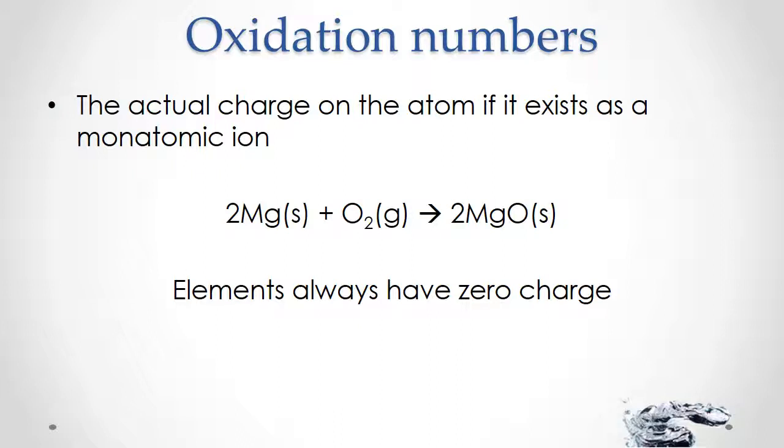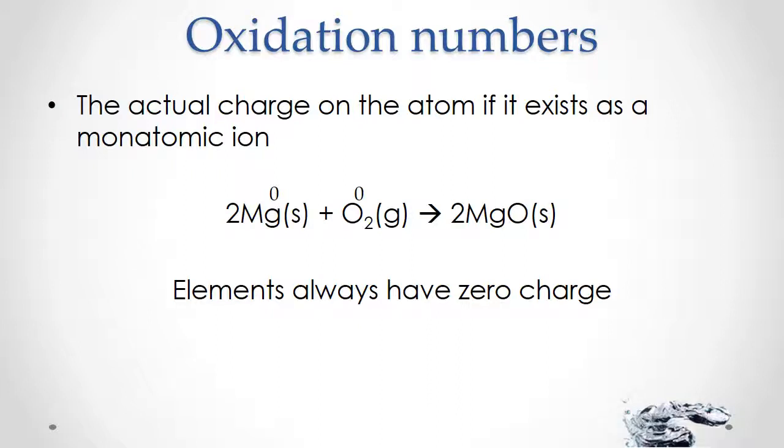It doesn't matter if it's a diatomic element or a monatomic element or a polyatomic element. As long as it's an element and it isn't bonded to anything else, it will have 0 charge. So magnesium in this example will be a 0 charge, and we indicate that by putting a 0 above the magnesium. Also, oxygen, O2, will have a 0 charge, so we indicate that as well.